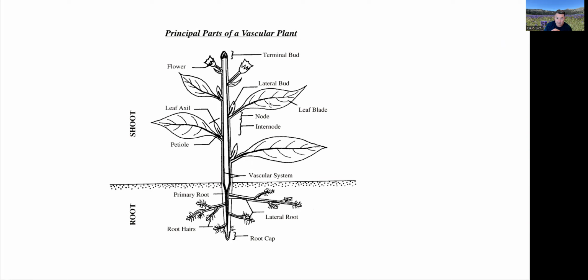Okay, it is not within the leaf blade. It's at terminal buds, lateral buds, root caps, nodes. Okay, usually there's some interesting stuff within the nodes that we can play with.